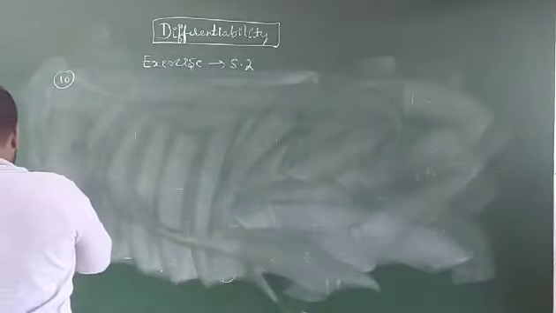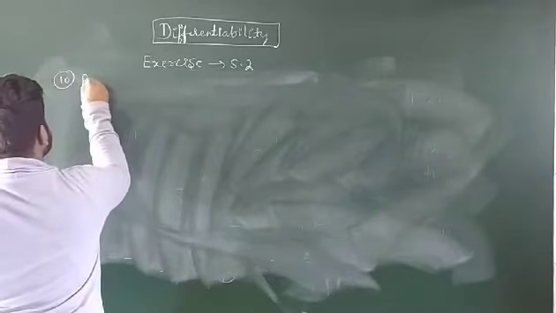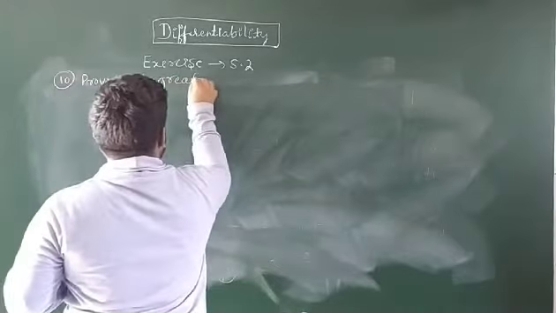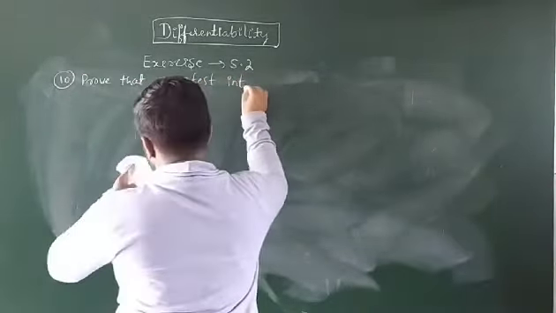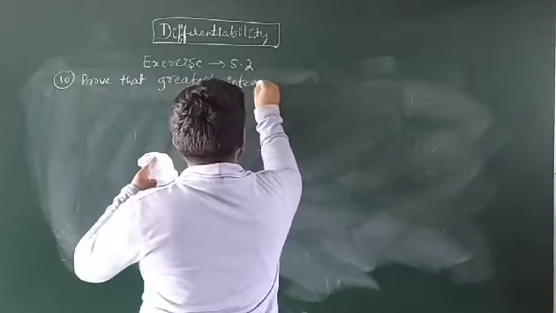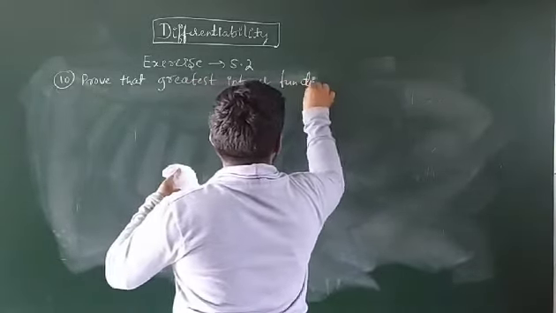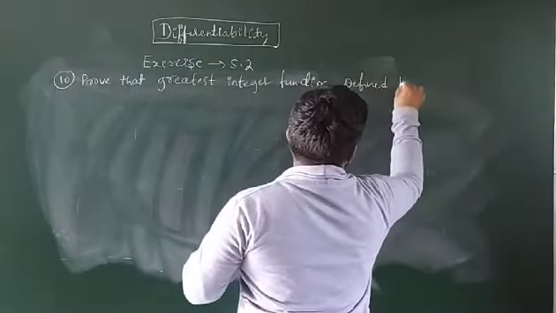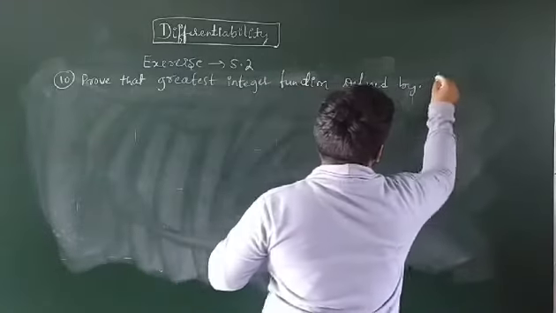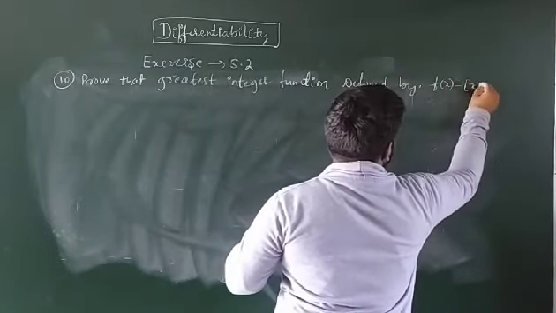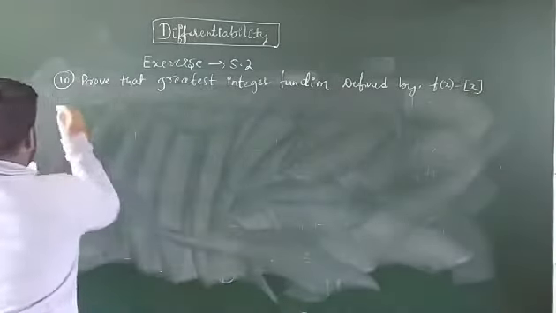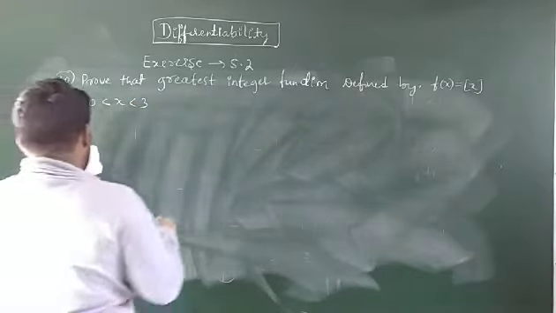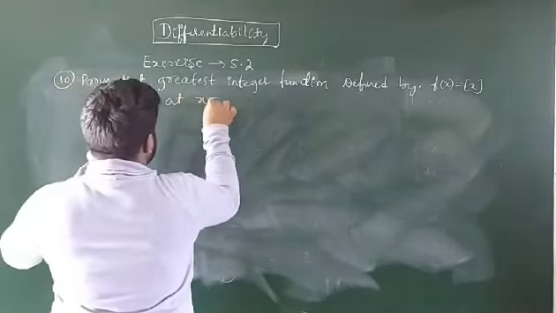Tenth one: prove that the greatest integer function defined by f of x equal to the greatest integer function, denoted like this in square brackets, where x is in between 0 and 3, is not differentiable at x equal to 1.